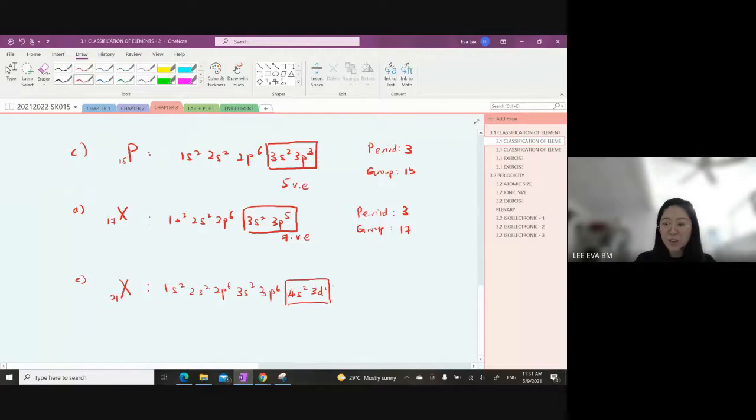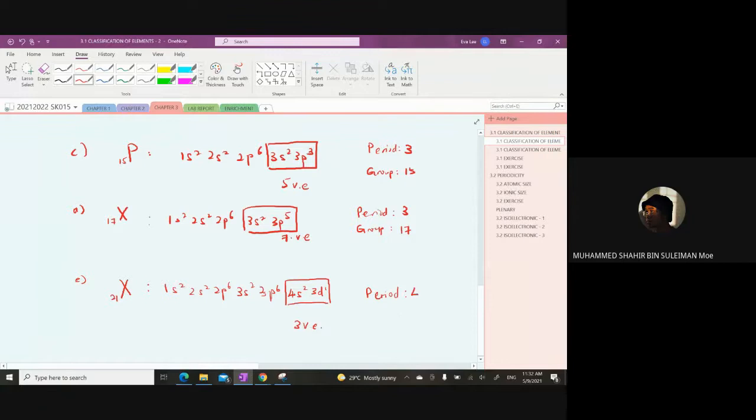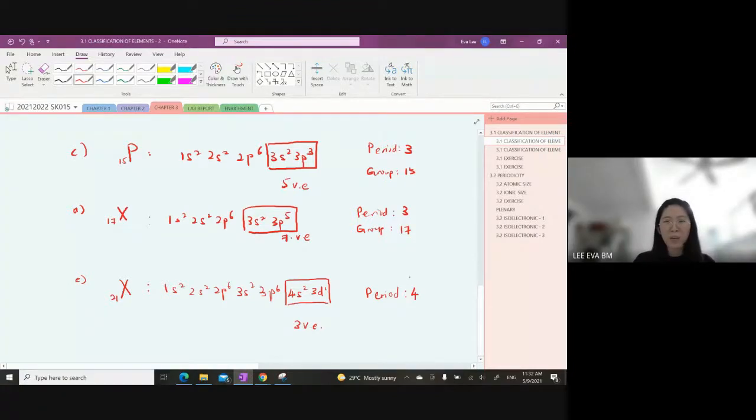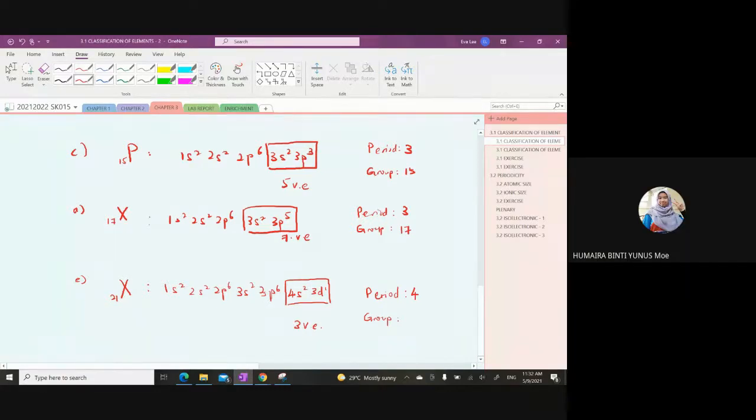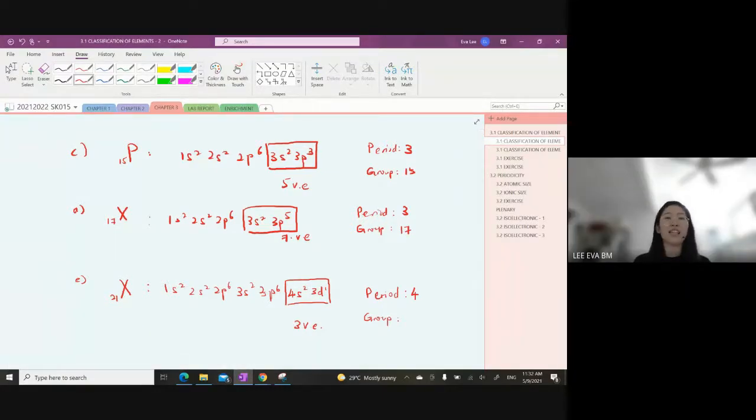Total valence electron? 3 valence electron. So tell me about the highest value of n you can recognize from the electronic configuration. 4. Okay, so remember, always go for the highest n to determine the period. How about the group? Is it group 3 since it has 3 valence electrons?